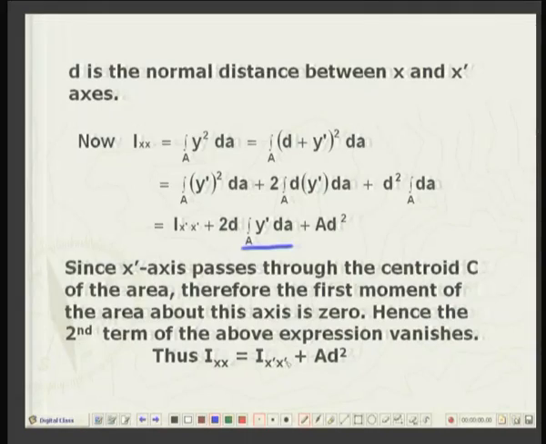So, collecting the terms, Ixx is equal to Ix dash, that is in the old coordinate system, plus A times the normal distance between the two parallel axes squared.